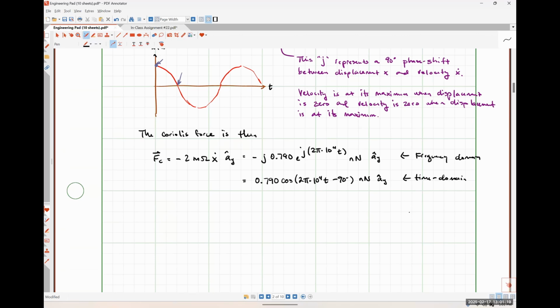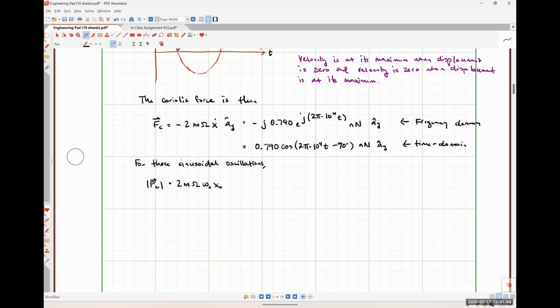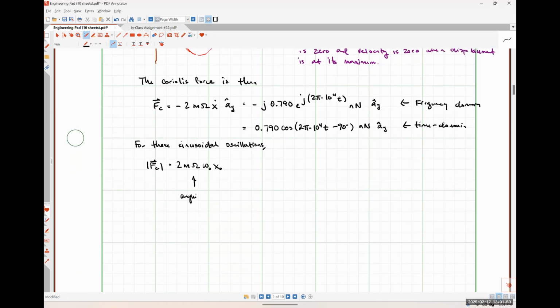So for these sinusoidal oscillations, the magnitude of our Coriolis force is simply twice m capital omega times lowercase omega naught times x naught, where, just to be clear, this capital omega is the angular rotation of the frame, or the reference frame, and this lowercase omega is the angular frequency of our vibrations, right?